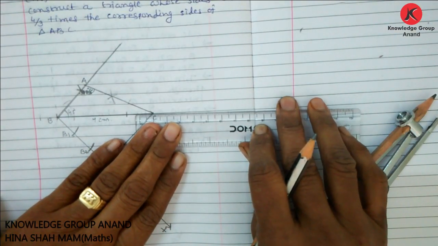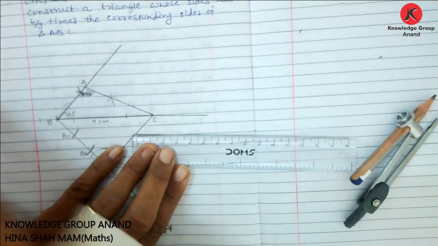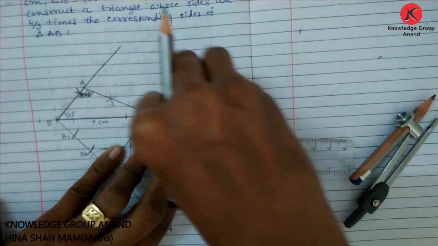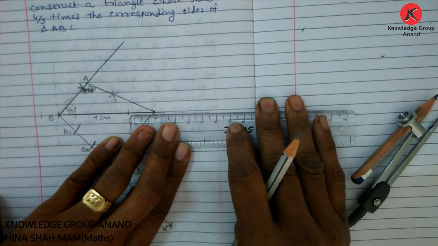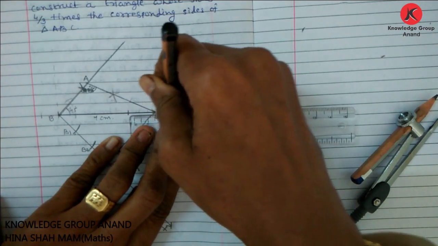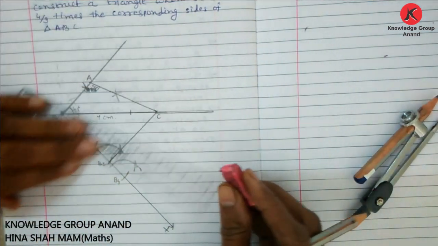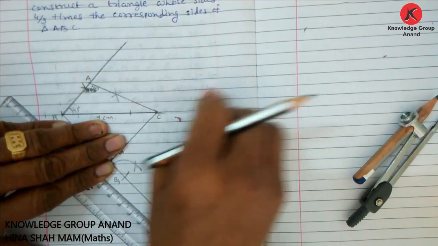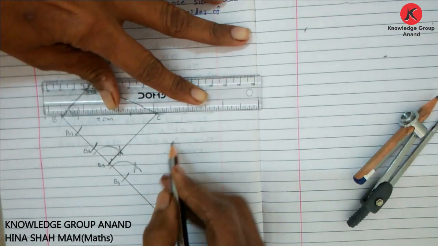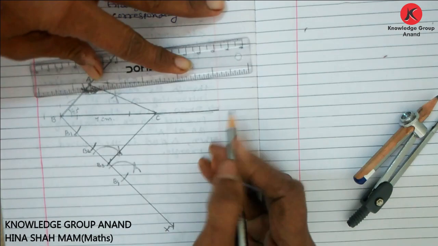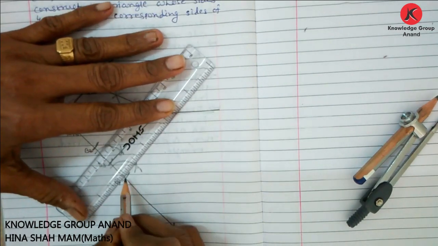We extended here line BC. We extended line BC and parallel to B3C through B4.